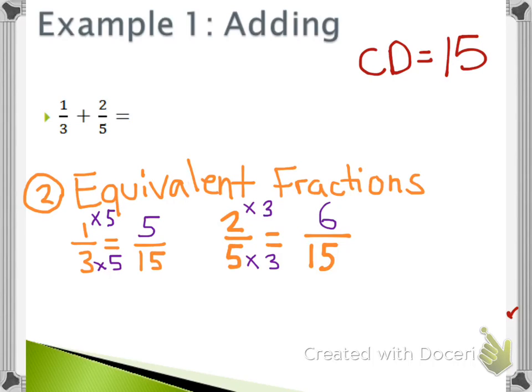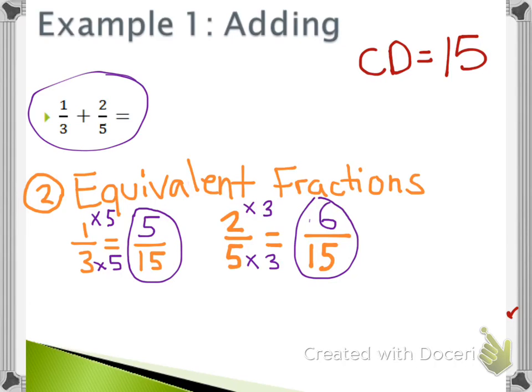And I have my two equivalent fractions before me here, 5/15 and 6/15. So now we can actually move on to step 3 and solve our problem here of 1/3 plus 2/5.